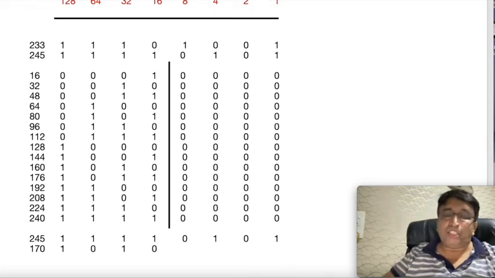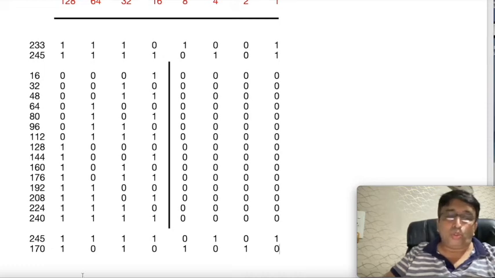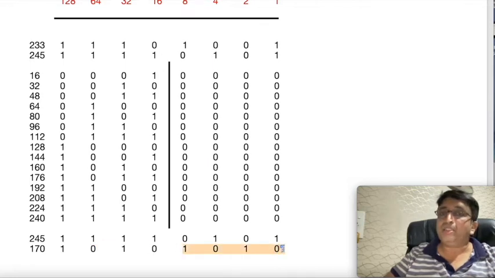So this is my 160, and ahead of 160 I will require 10. So 10 will be 8, I don't require 4, that would be 12. So I will require 2 and 0. So 8 plus 2. Together this is 160 and this is 10. So that gives you 170.